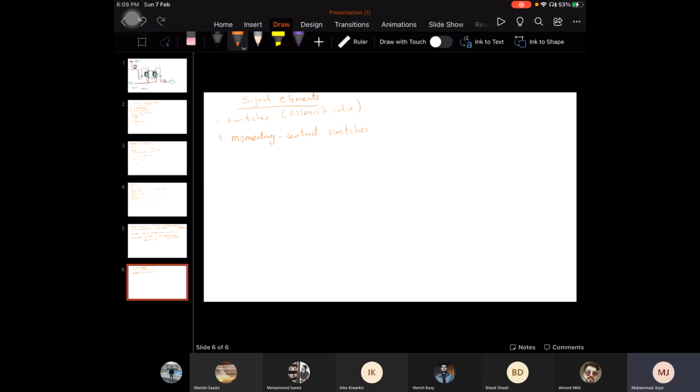The second type of switch is known as the latching switches. The momentary switch, as I told you, is on until the switch is pressed, and once the switch is released, the output is switched off.